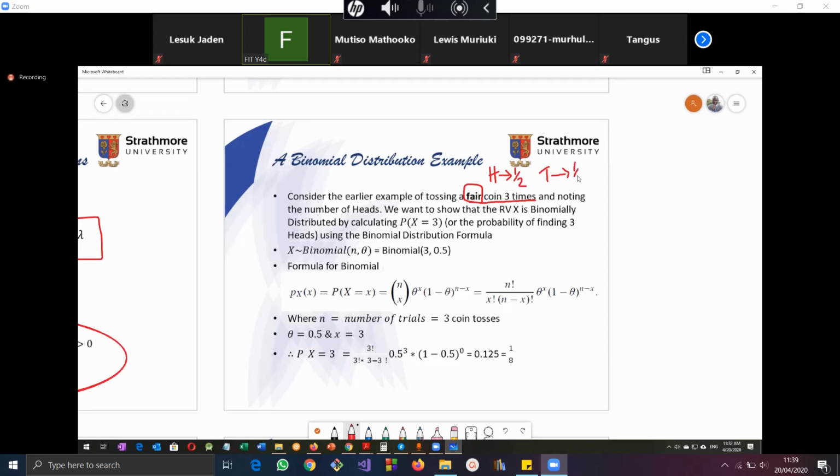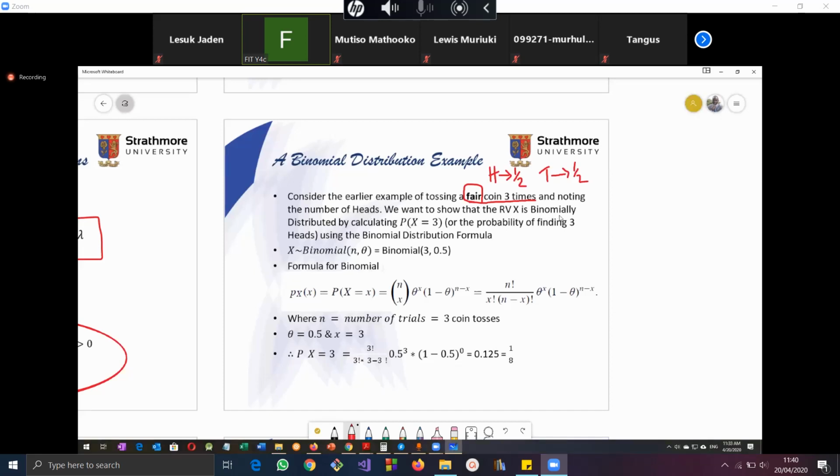And getting a tail is also 1/2. That's easy. Anyway, we toss 3 times and note the number of heads; that's our random variable. You can define another random variable, checking the number of tails, etc.